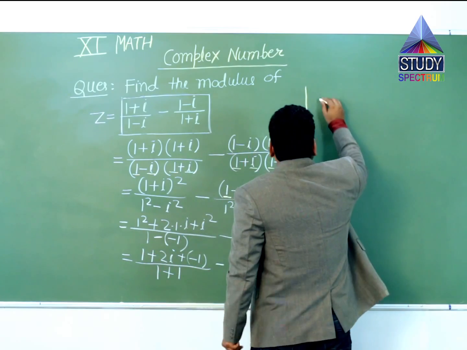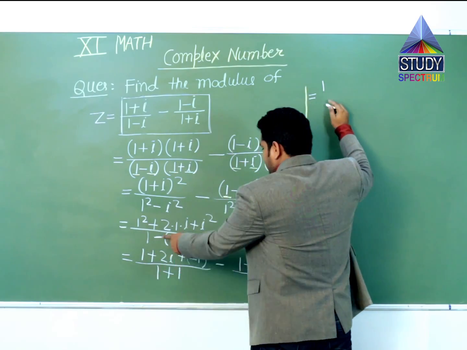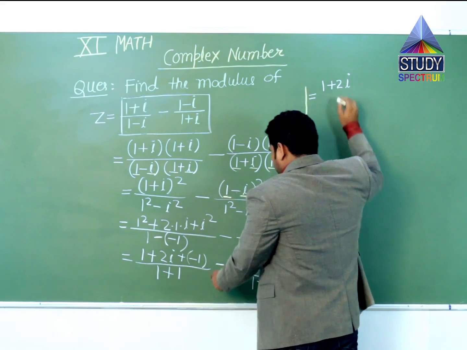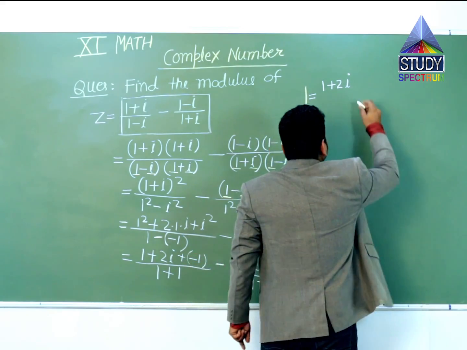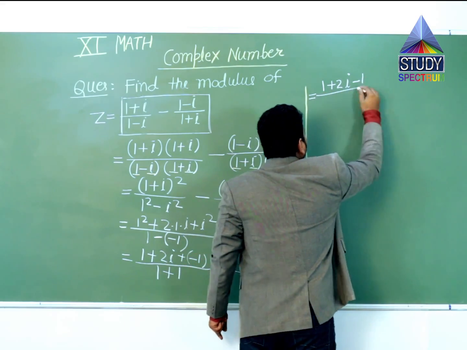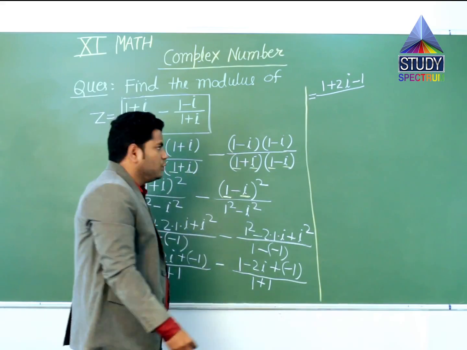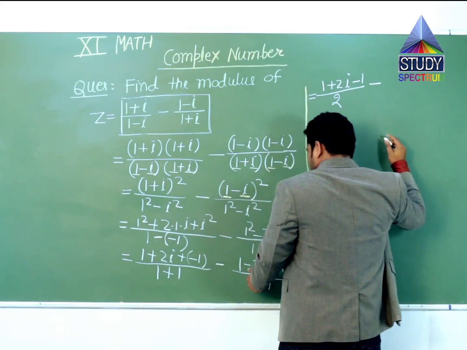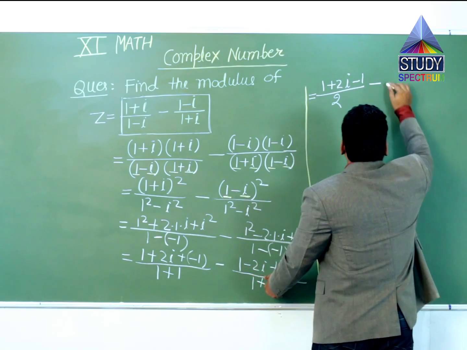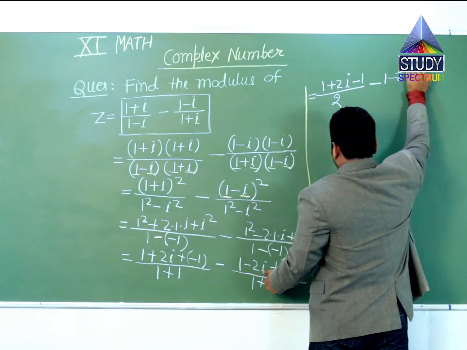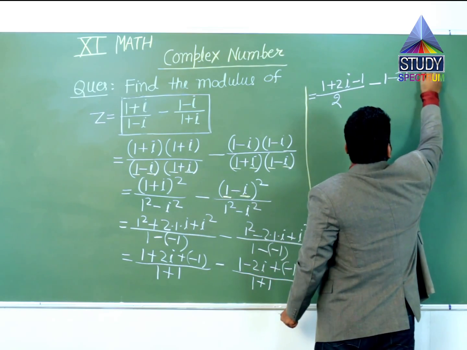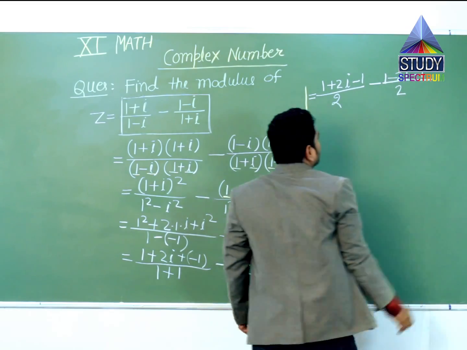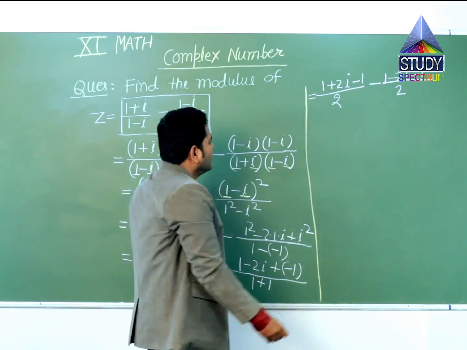So we'll write 1 + 2i, and plus into minus is −1, upon 1 + 1 which is 2, minus (1 − 2i, plus into minus is −1) upon 2. Got it?